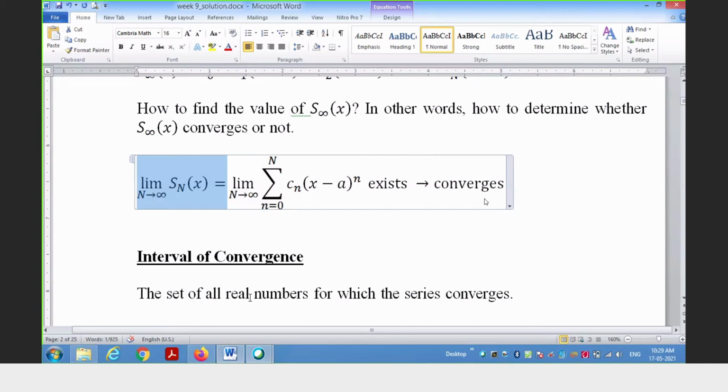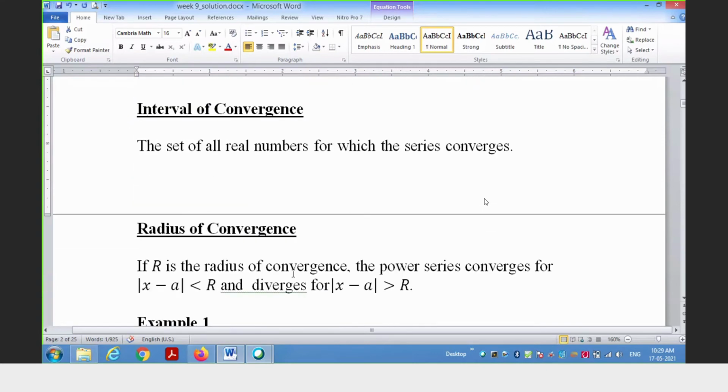The same goes for the radius of convergence. Actually, the interval of convergence and the radius of convergence are interrelated. What is the radius of convergence?